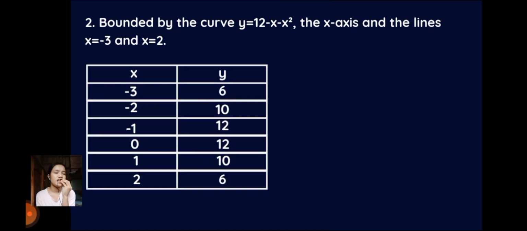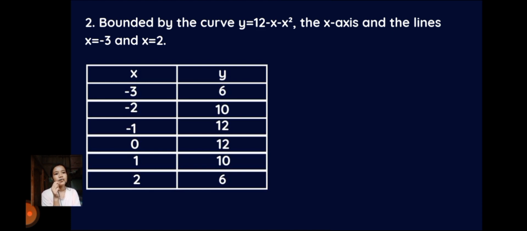Now, let's proceed to number 2, bounded by the curve y equals 12 minus x squared, the x-axis, and the lines x equals negative 3 and 2. Earlier it was bounded by a line, now it is bounded by a curve.